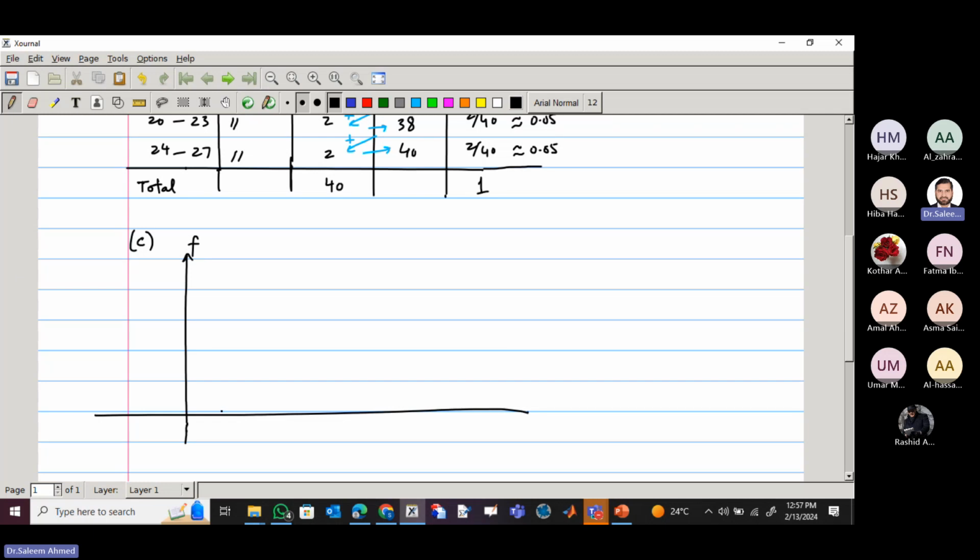So I can start from 4 to 7, right, 8 to 11. Then there are 6 classes, so I can make 12 dots. 1, 2, 3, 4, 5, 6. You can make equal distances. That's not an issue. So let me do it again.